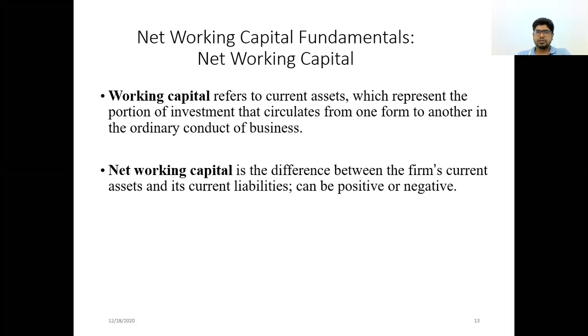It can be negative or positive. Most of the time it should be positive, otherwise they will go for insolvency in the short term, right? When we talk about manufacturing companies, all the time about 50% of total assets belong to current assets.